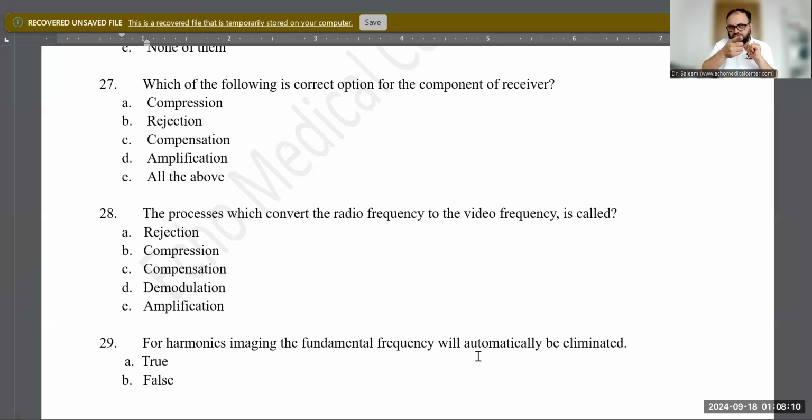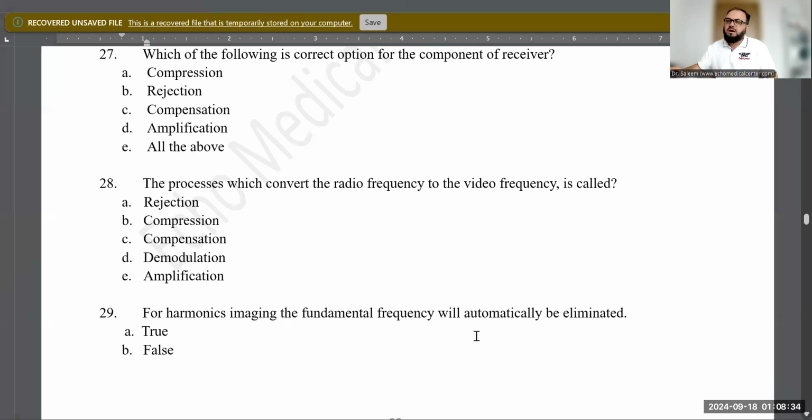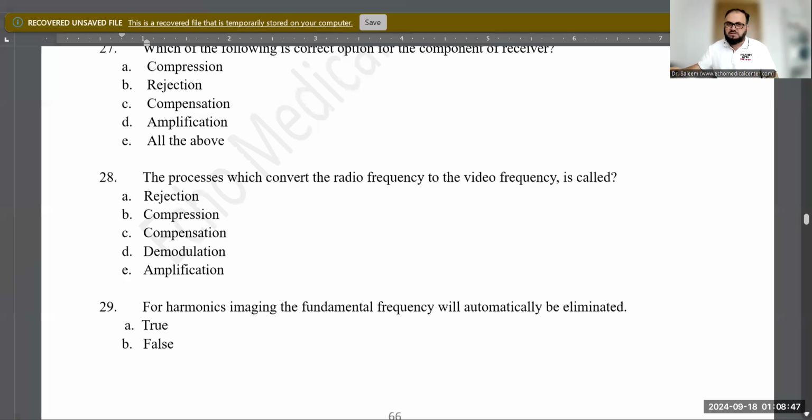So the answer is true, because that beginning or fundamental frequency will be eliminated. So your first receiving frequency has to be at least double the operating frequency. So if it was 5 megahertz, the reception has to be 10 megahertz to call it harmonics. That is correct. So true is the correct answer, because the knob is called the band pass filter. So that will filter out the fundamental or starting frequency, the transducer frequency, it will be eliminated. And then you will get more frequencies. So then we can call it harmonics, correct.